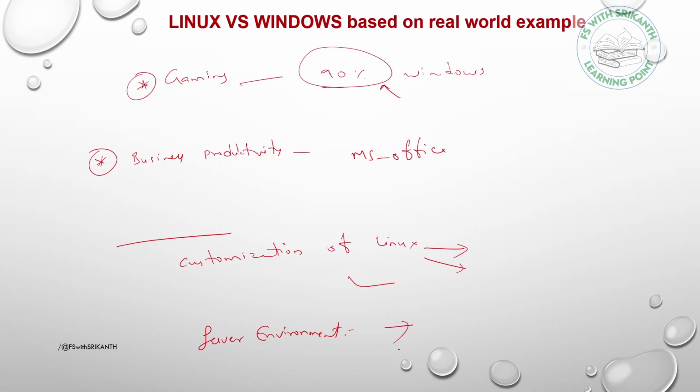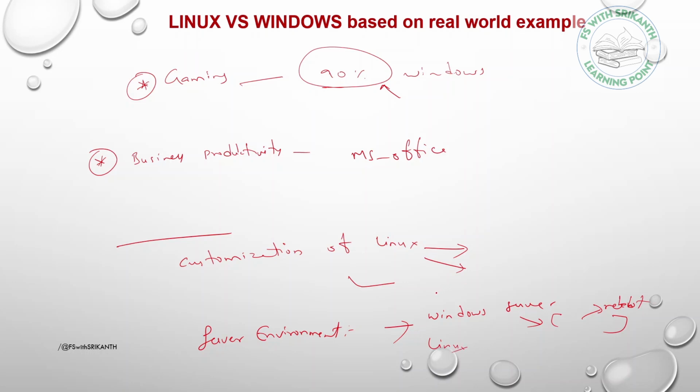One reason I want to tell: if we are using a Windows server, suddenly it gets updates, and definitely it needs a reboot. That means some downtime is possible when we are using a Windows server, and when you go with Linux, it is very flexible, right?